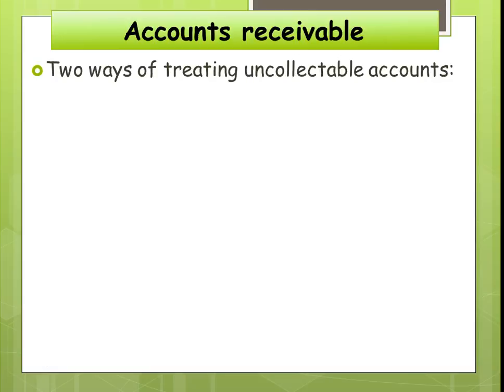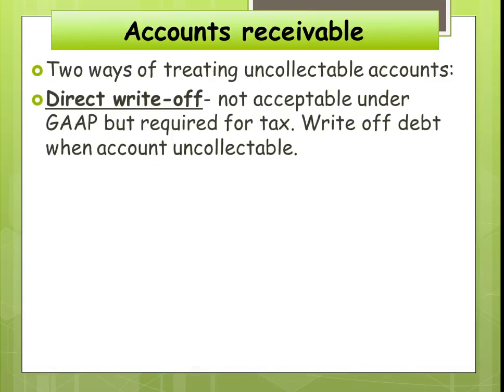Now, accounts receivable itself. We know that we're not going to collect all our money, and there are two ways of handling uncollectible accounts. First is the direct write-off method. This is not acceptable under GAAP, but is required for tax purposes. What we do here is we only expense bad debt when we actually incur bad debt.